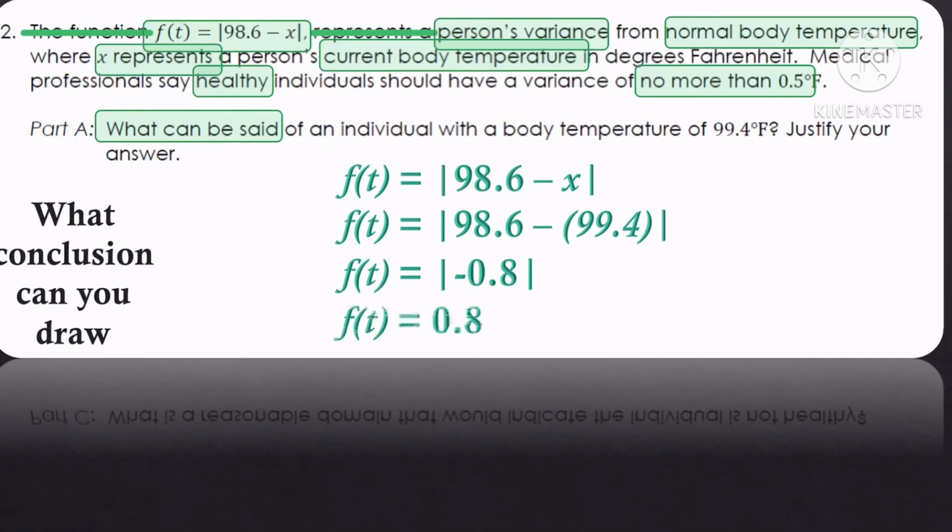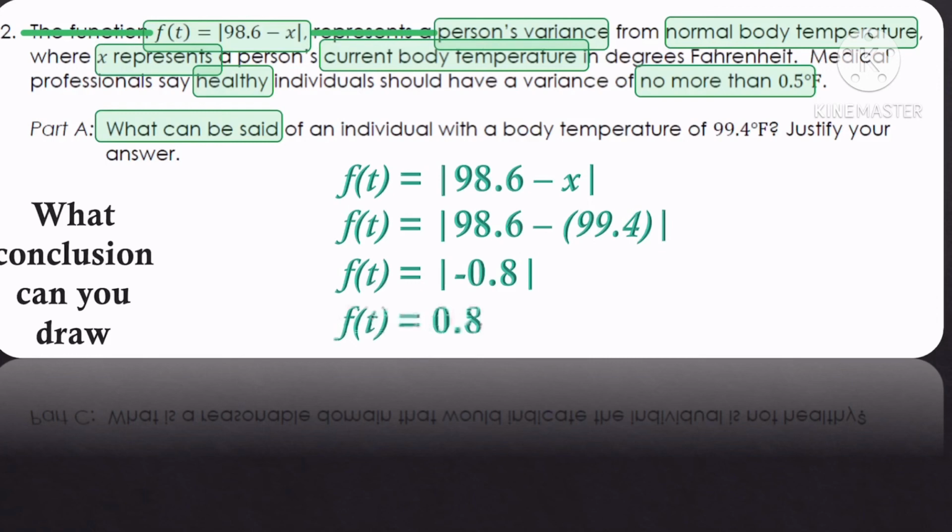So you got to go back to the problem. A normal variance, meaning your temperature can be give or take 0.5 above or below. Okay, so like sometimes your body temperature can be 98.1. If you're super cold, like I've had it before, I actually went and got my flu shot this year and I was at 97.8 because I had just had ice cream.